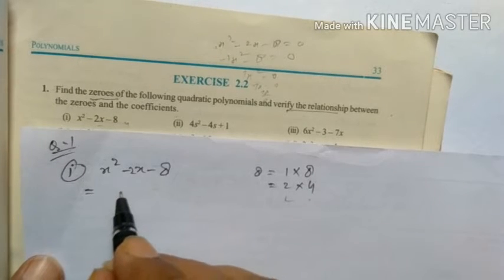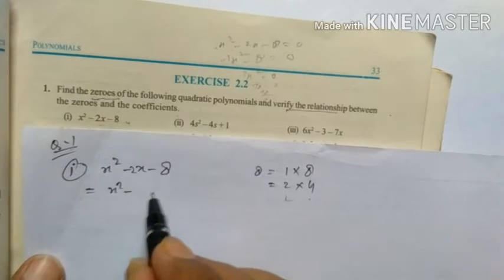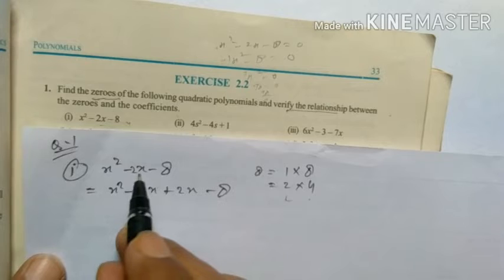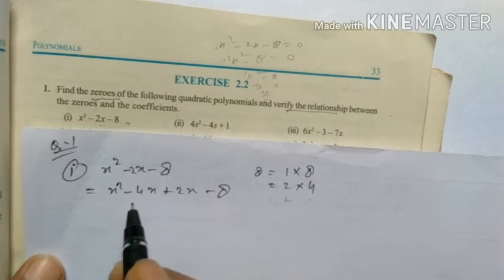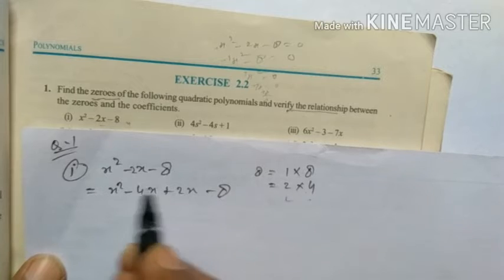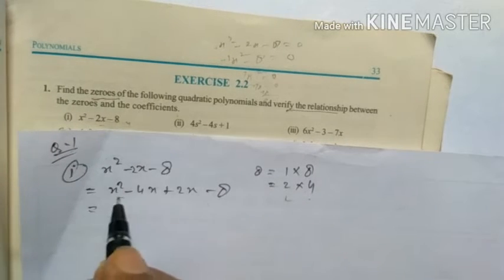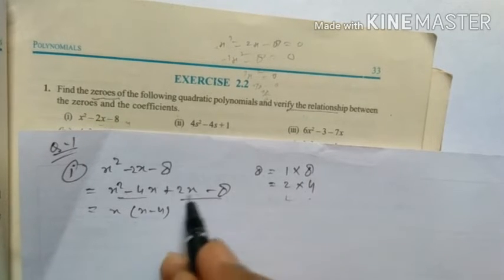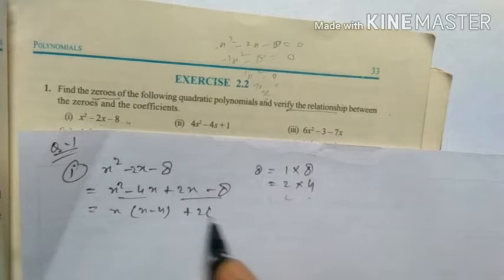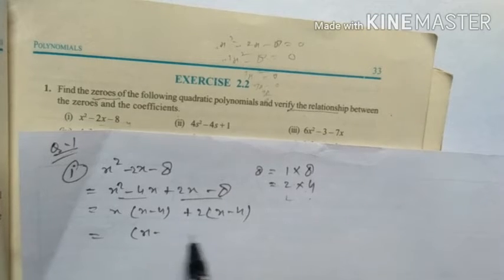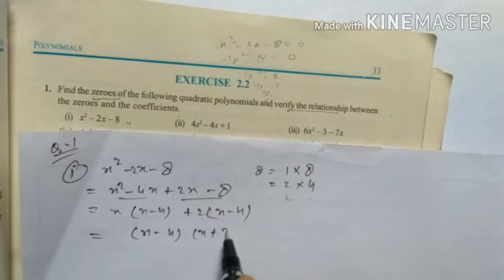This is equal to x square minus 4x plus 2x minus 8. Here we write minus 2x in the form minus 4x plus 2x. Now take x minus 4 common, and here plus 2 times x minus 4. So it becomes (x minus 4)(x plus 2).